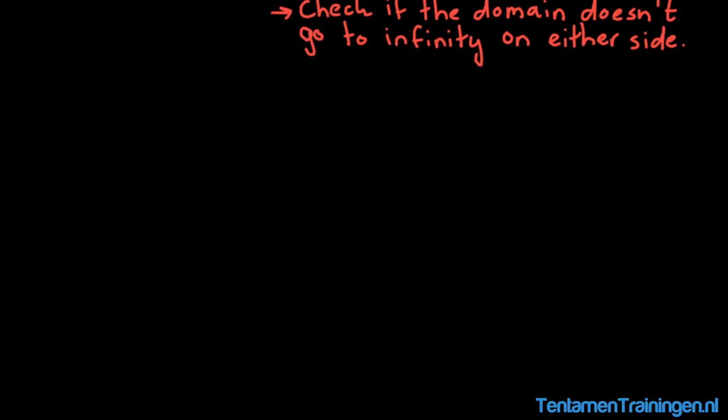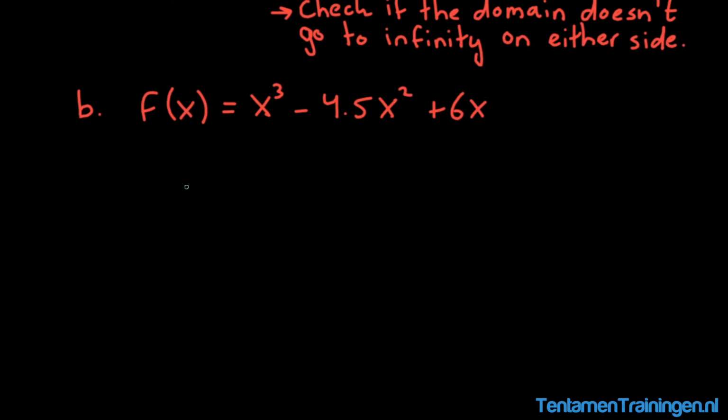For the second question, we have to compute the first derivative of this function. So the function is x to the power 3 minus 4.5x squared plus 6x.